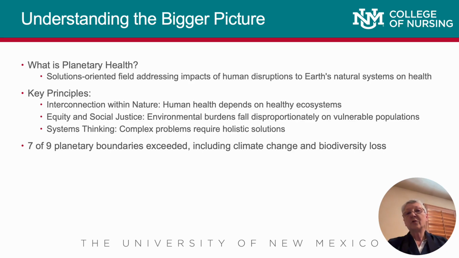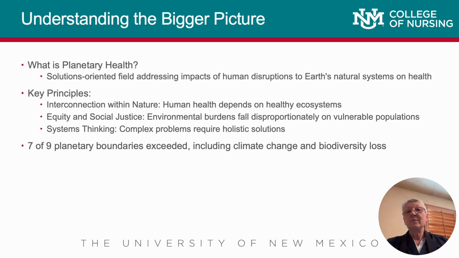Equity and social justice is another principle. Environmental burdens fall disproportionately on vulnerable populations, as we've discussed. Systems thinking recognizes that complex problems require holistic solutions. We can't just treat symptoms, we have to address root causes.